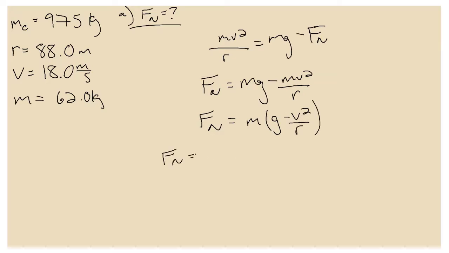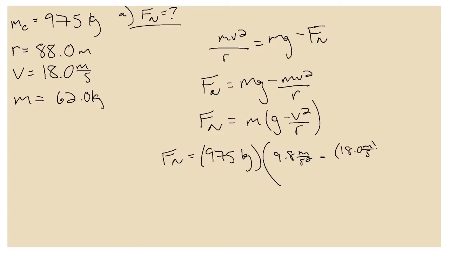Going ahead and plugging in, we have 975 kilograms times g, 9.8 meters per second squared, minus 18 meters per second, squared, over the radius here, which is 88.0 meters.